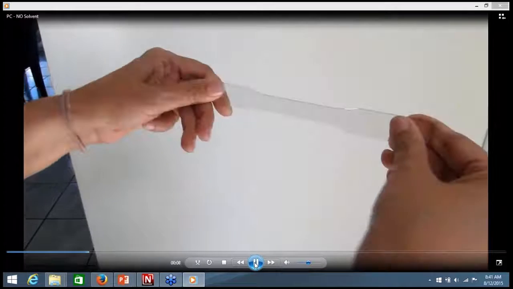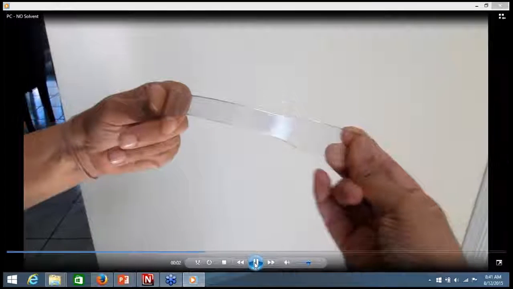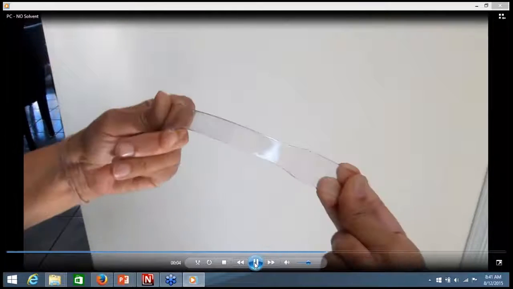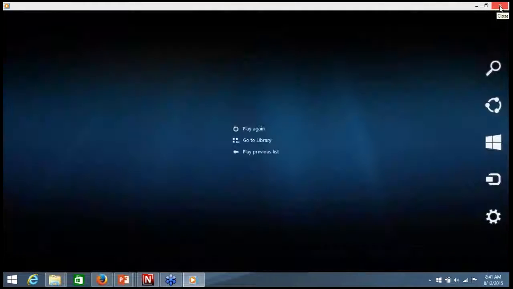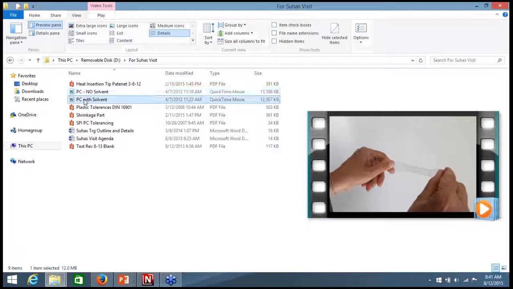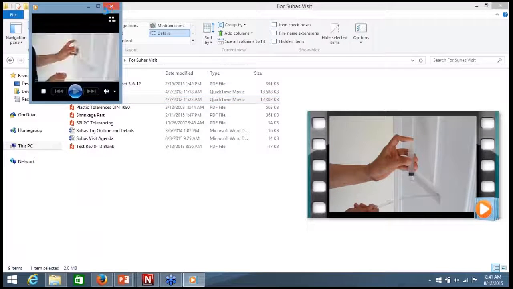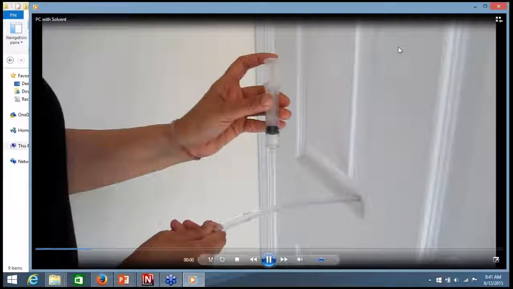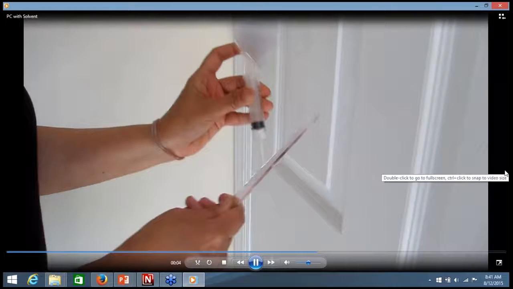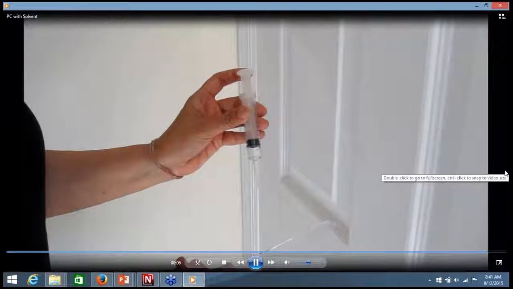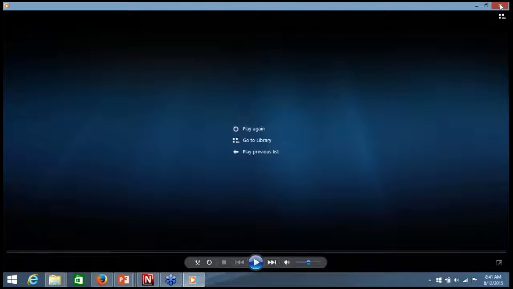Nothing happens to it. You can keep on bending it forever, and nothing really happens to this polycarbonate part. But as soon as you add solvent, which is the next video here, just a little bit of solvent, it's totally snapped off, right? And that's basically stress, and that's what it does.